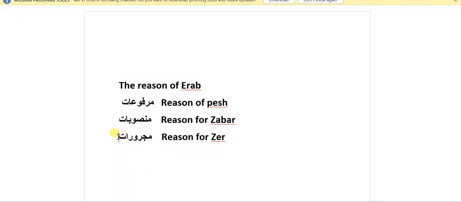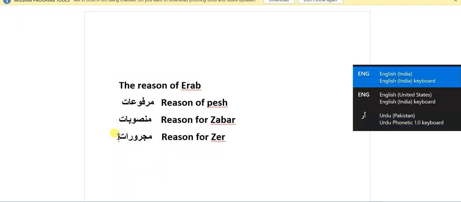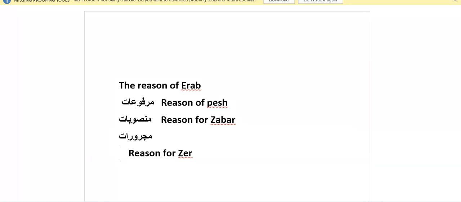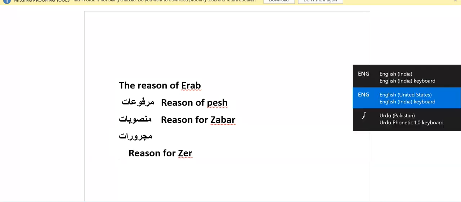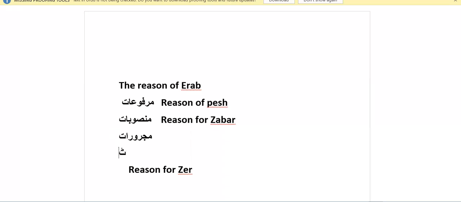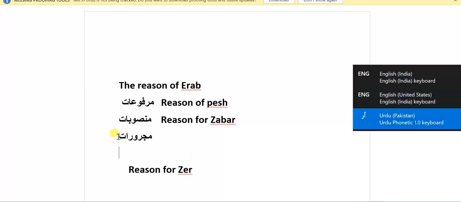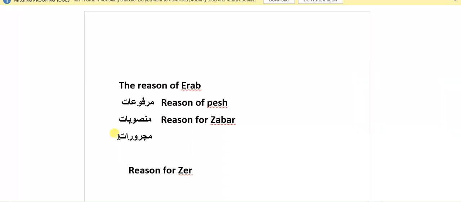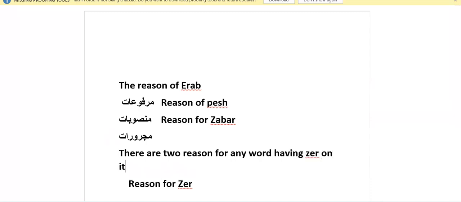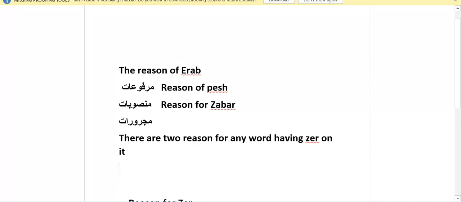Okay, so we already understood that in Arabic language there are two reasons for any word having zair on it.